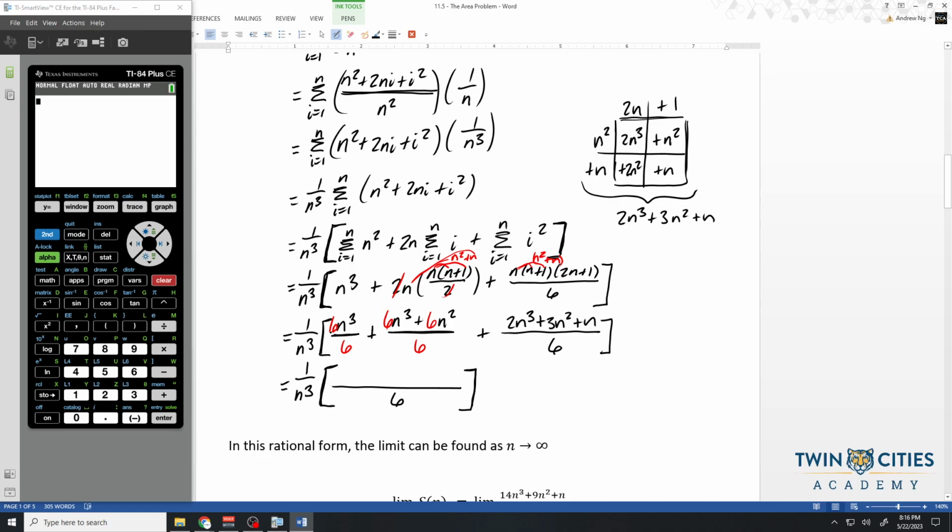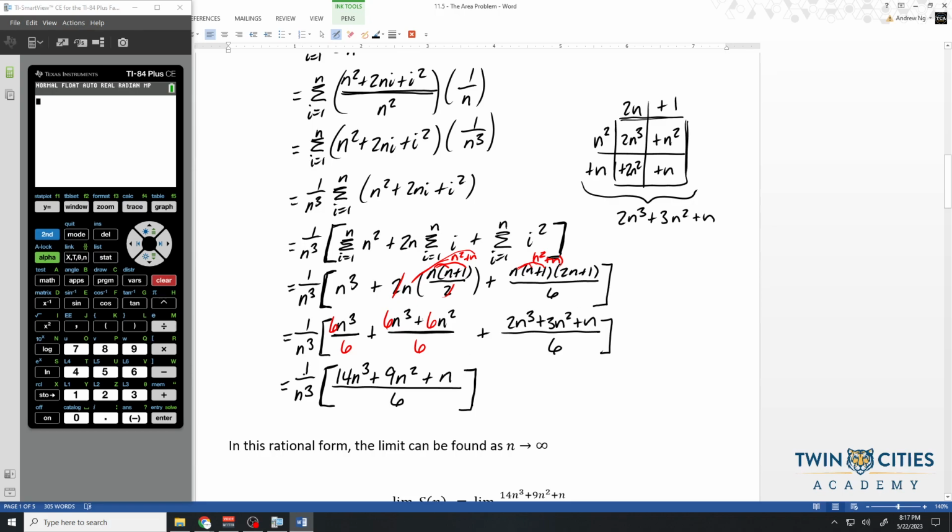Combine like terms. I've got 6n to the third here, another 6n to the third here, and 2n to the third here. 6 plus 6 is 12, plus 2 gives me 14n to the third, plus, how many n squareds? I've got 6n squared here, plus 3n squared here. That's 9n squared total, plus, how many n's do I have? A single one here, n.